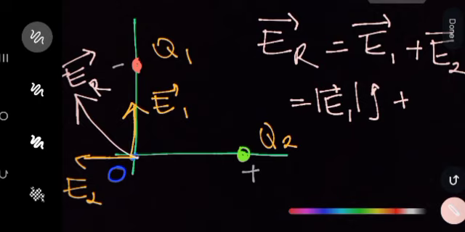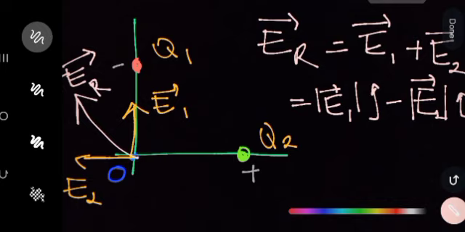So I'm just going to put a minus sign, minus the magnitude of E2, times I, because it's going to the left. So all we need to do is get the magnitude of E1 and the magnitude of E2, and we are done with the equation.